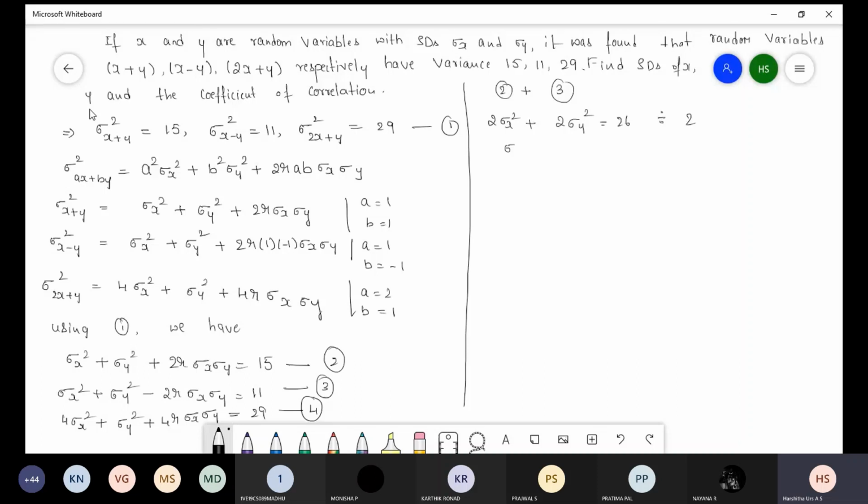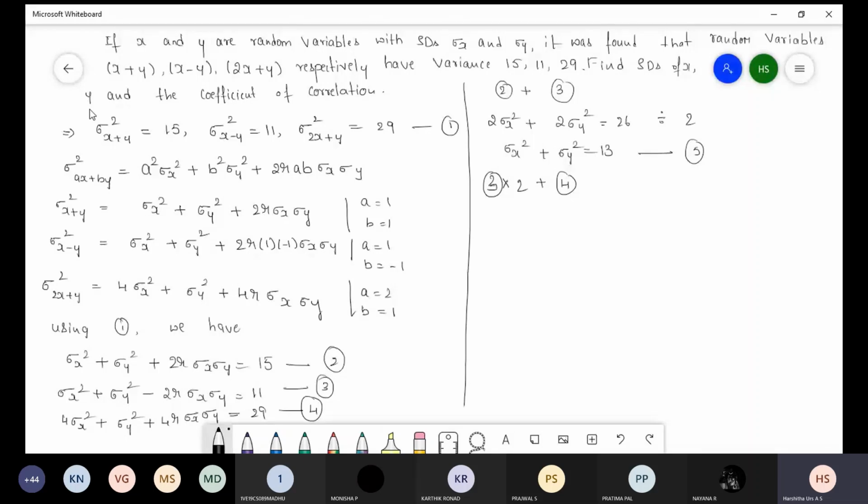So sigma x square plus sigma y square is equal to 13. I call this equation 5. Next, multiply equation 3 into 2 and add with equation 4.